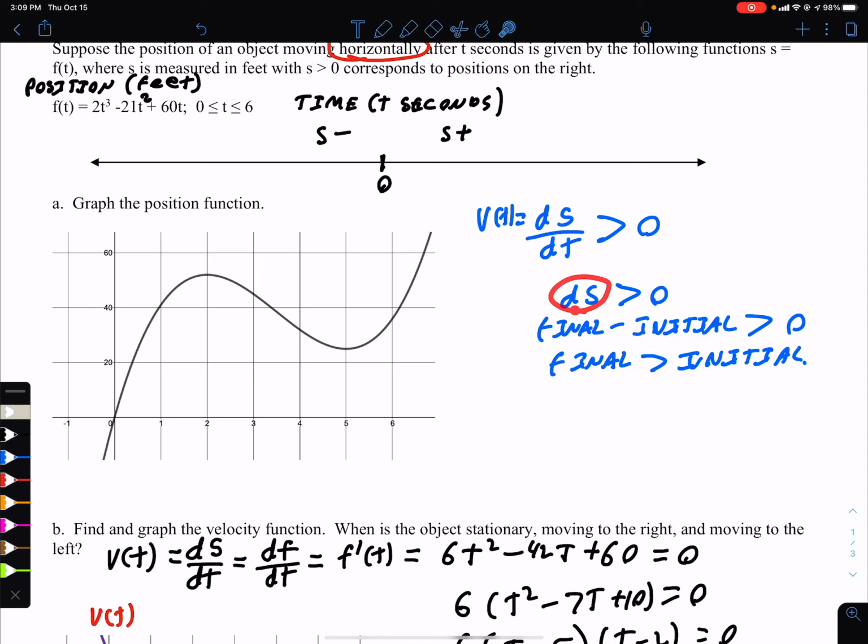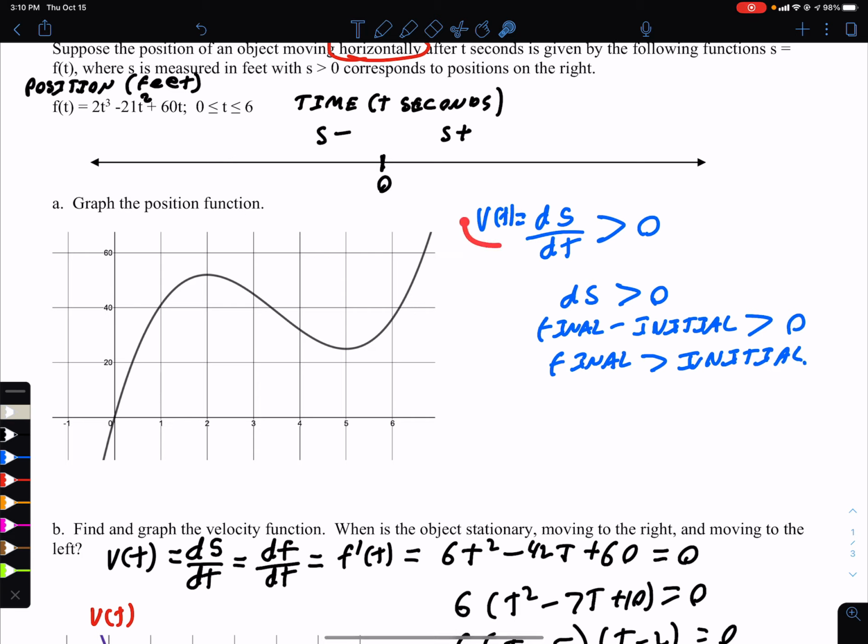For your change in position to be positive, your final must be bigger than your initial. Well, if you start here, where is the distance bigger? To the right. Bigger numbers are to the right. So that tells you if your velocity is positive, you're moving right. Even if you're in a negative value, if you want a bigger value, you have to go to the right.